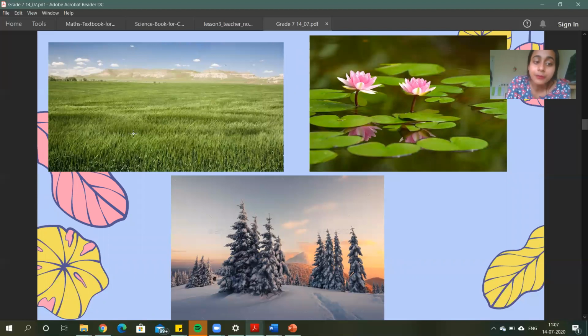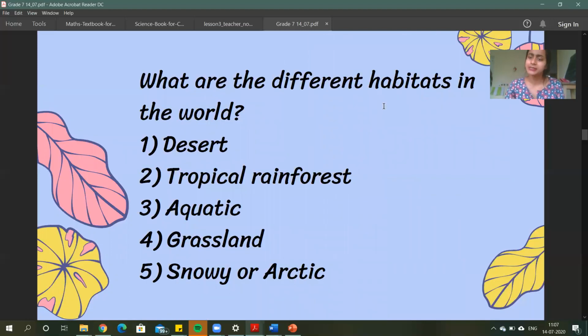The third picture is of a grassland. In these areas there are no tall trees, just really tall grasses. Some of these grasses can be taller than me. The fourth picture is of an aquatic environment, so water. And then the fifth picture is of a snowy region. So there are five different types of habitats. There are more, but these are the major ones: desert, tropical rainforest, aquatic, grassland, and Arctic.